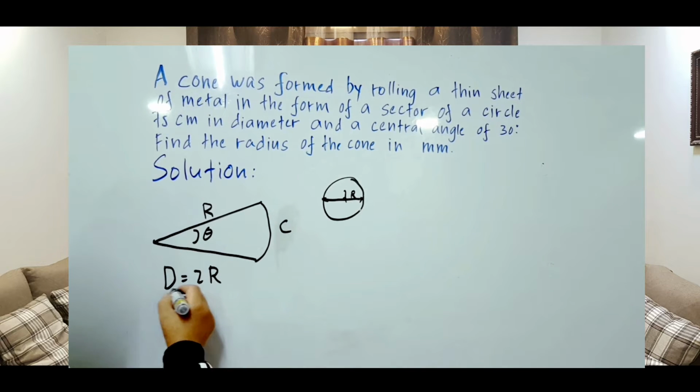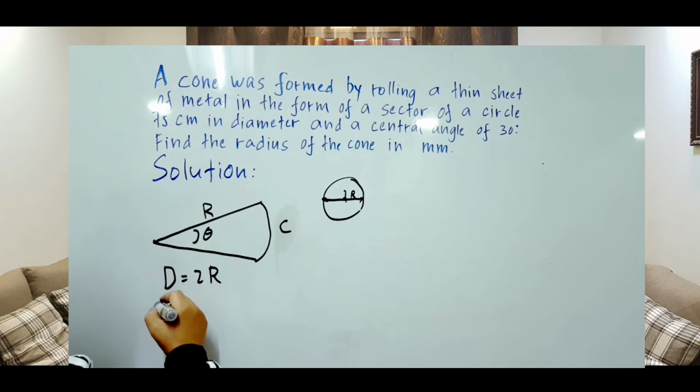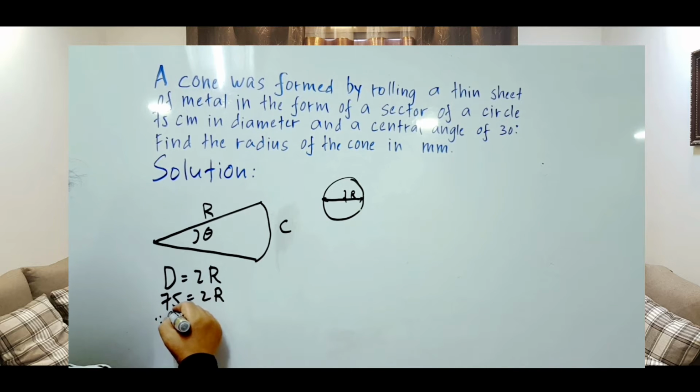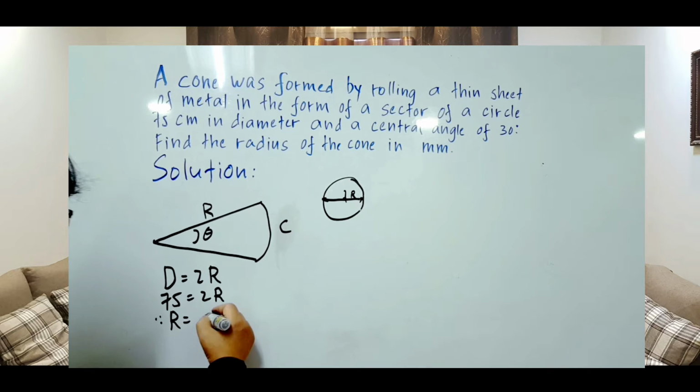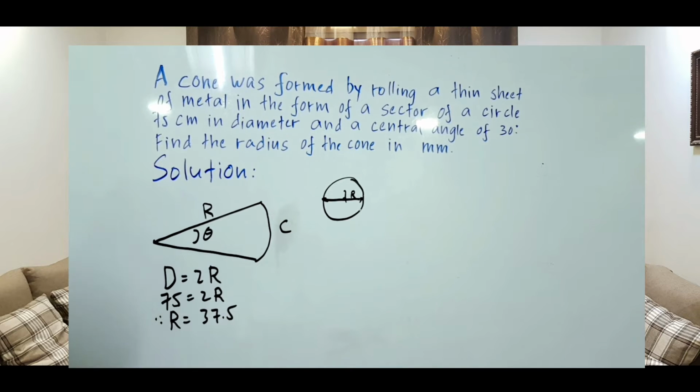So, diameter is equal to twice the r, and what is given here is the diameter. So, 75 is equal to twice the r. Therefore, we can get the value of r to be 75 divided by 2, which is equal to 37.5.